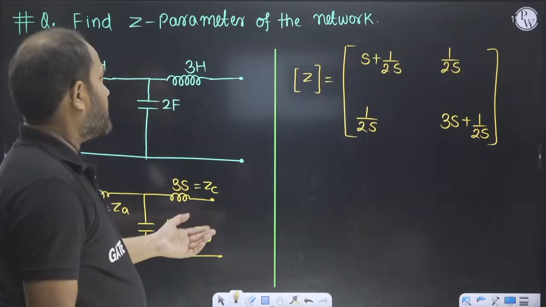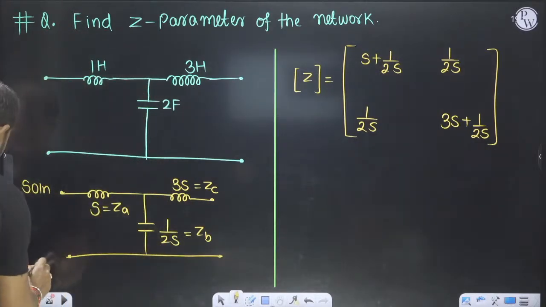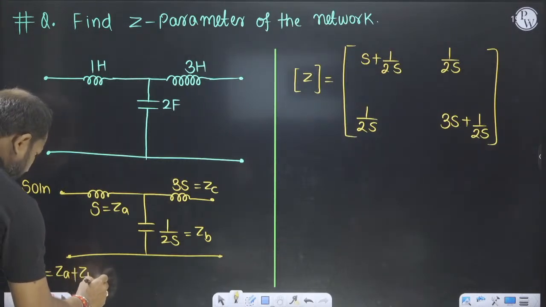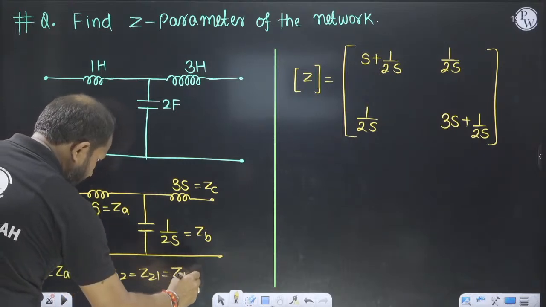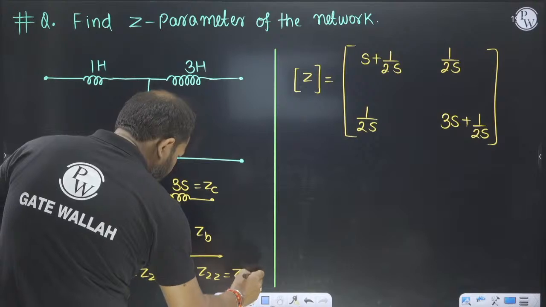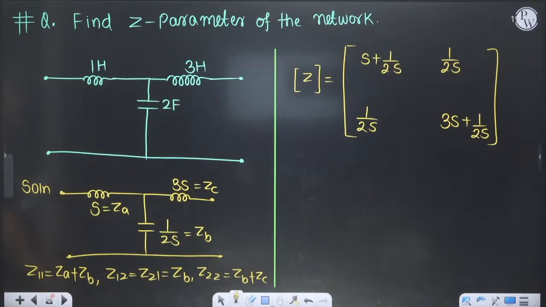So this is our Z parameter. It is very easy to calculate. So Z11 is equal to ZA plus ZB, Z12 and Z21 is equal to ZB, and Z22 is equal to ZB plus ZC. So you can go through the formula and you can calculate this question.